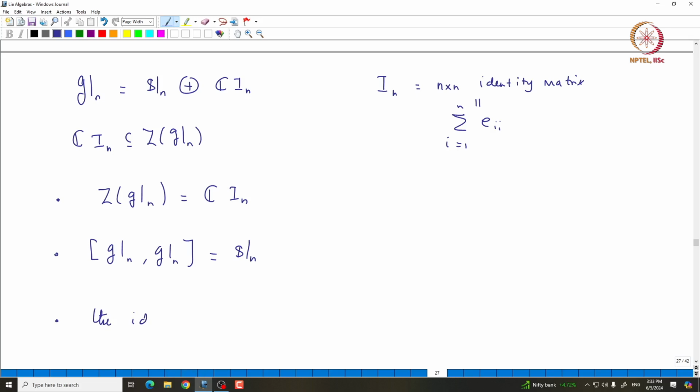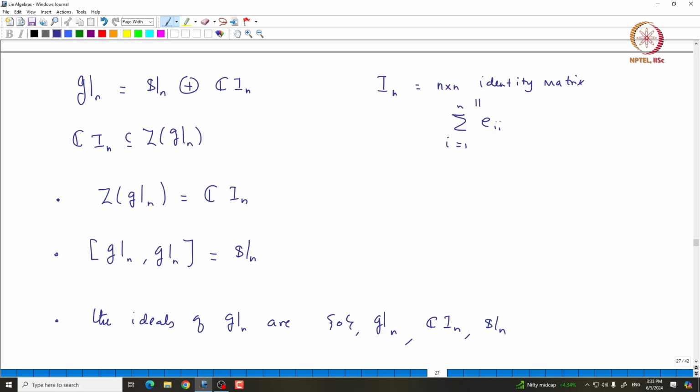The ideals of GL_n are the trivial spaces 0 and GL_n, and on top of it you have the center and the derived algebra, and that is all, nothing else, because SL_n has codimension 1. So, there is no other proper subspace that contains SL_n inside GL_n, and there is no proper subspace of the center as well, because the center is one dimensional, and these are the only ideals of GL_n.